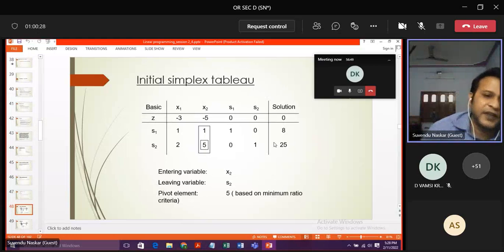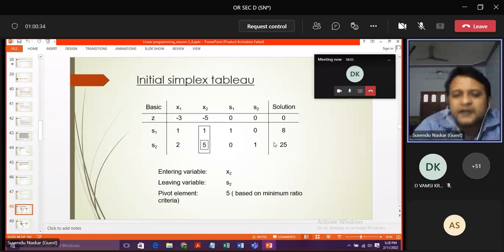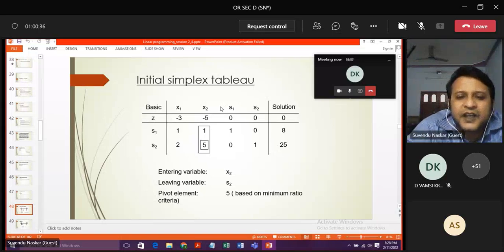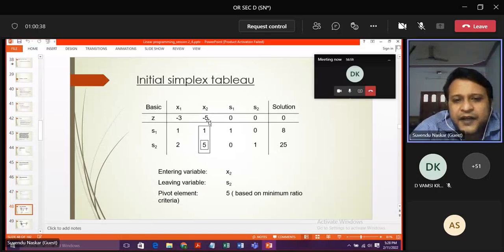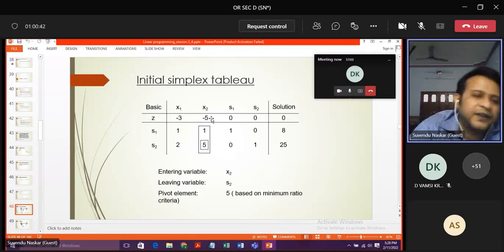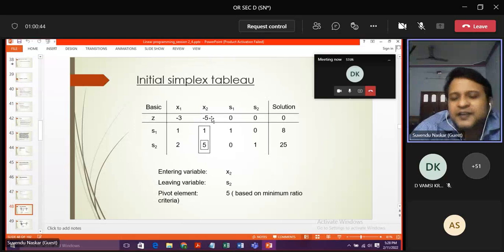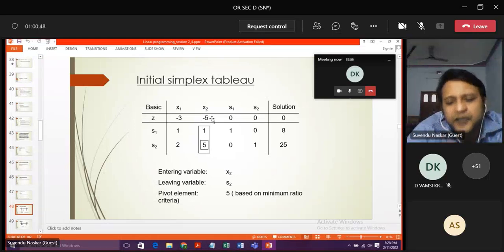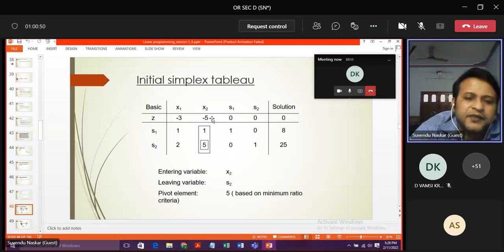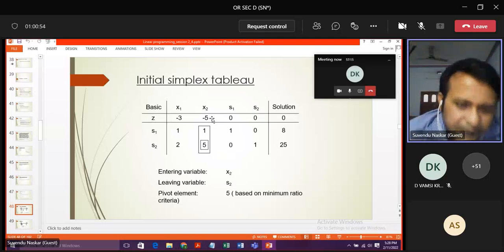If somebody can memorize, which is perfectly fine, but you'll get more fun out of doing it this way to remember it. I have identified that among the product mix, which product is giving me maximum benefit in case of a maximization problem, or minimum cost in case of a minimization problem. Or in case of the Eckart EC example, which is giving maximum utility, I have identified that.